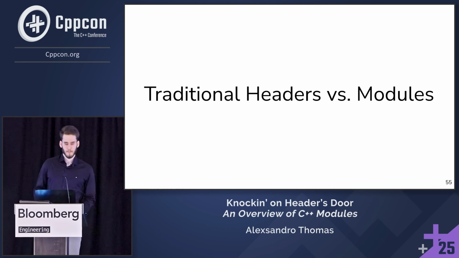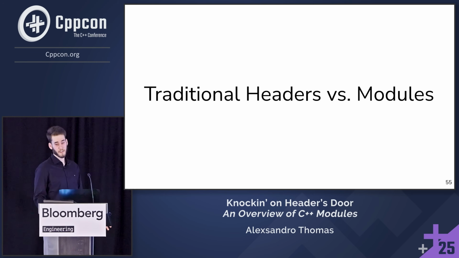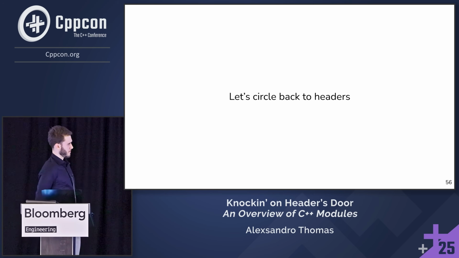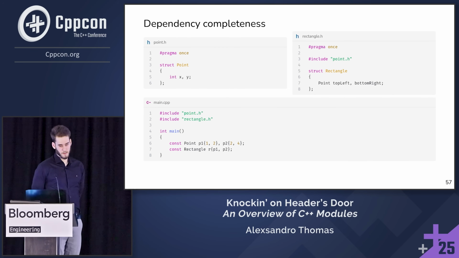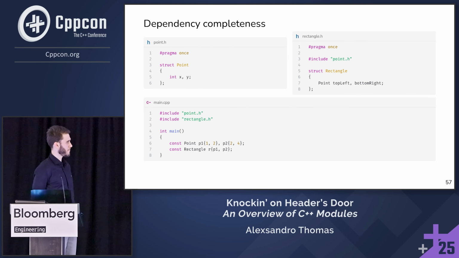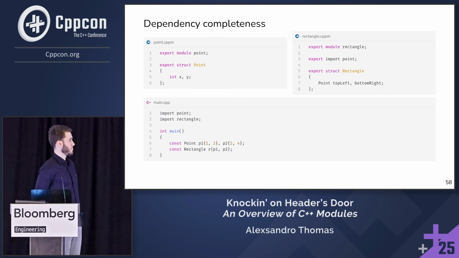But let's compare the traditional headers versus modules, because now we know what both are, but what are really the differences? And for that, I would like to circle back to headers. So taking our example from before, where we had our point, our rectangle, and our main file, now if we move that to be in modules, that's much better.